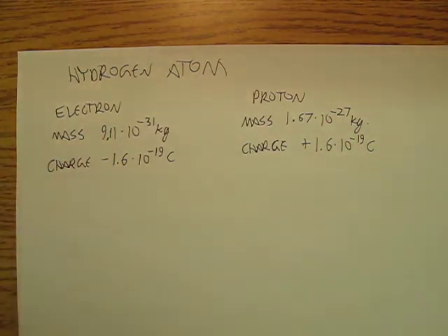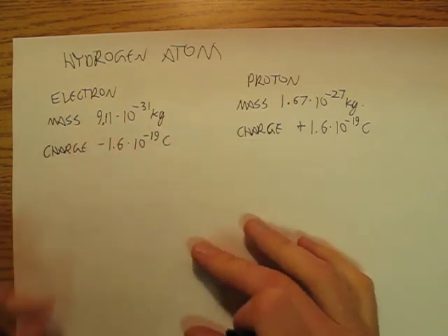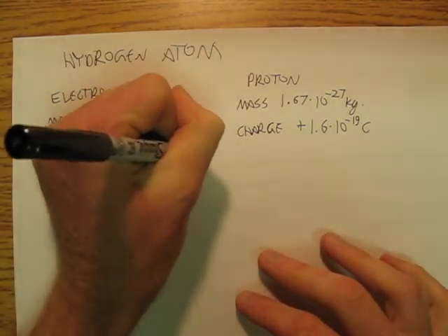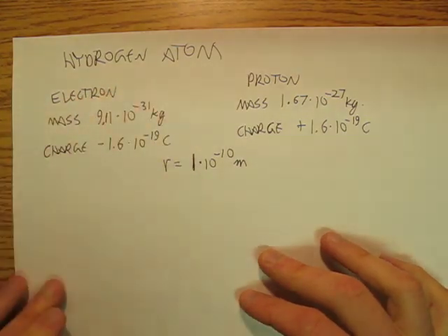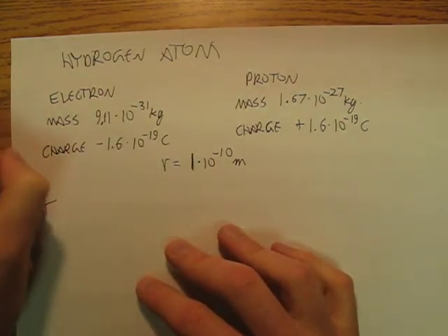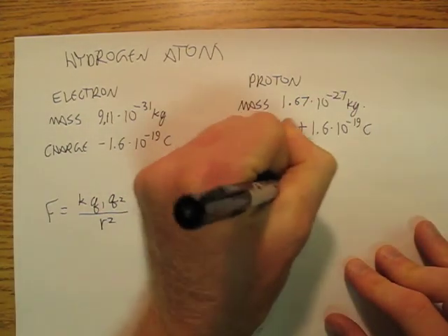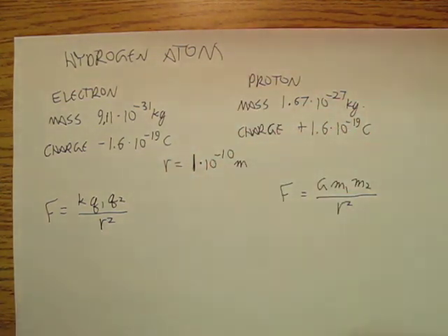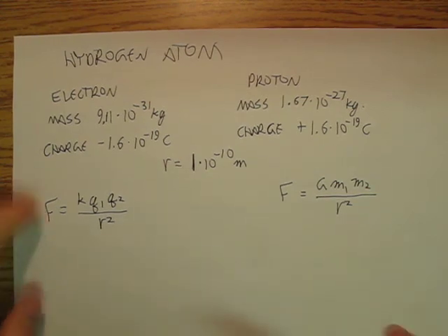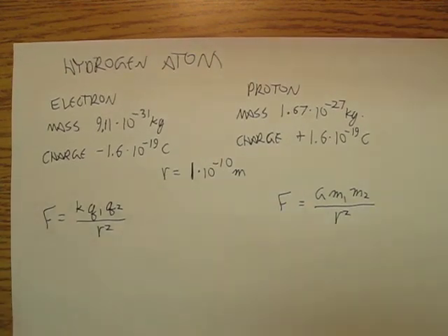Okay, so I don't think I'm going to be able to squeeze in everything I want to do in this video, but what I'm going to do is, in the next video, I'm going to say that the distance between these two is approximately 1 times 10 to the negative 10th meters, which is going to be our R. And so then what we're going to do is basically find the electric force between an electron and a proton, roughly speaking, in a hydrogen atom, and then the gravitational force between them as well.